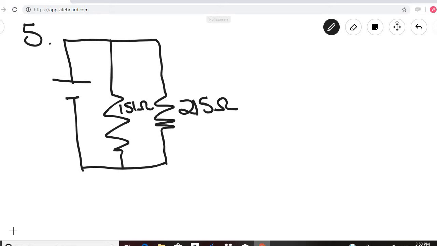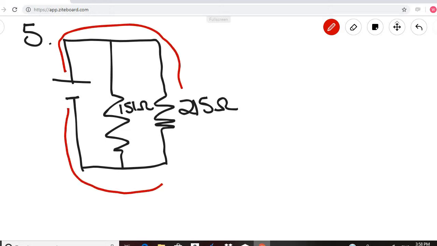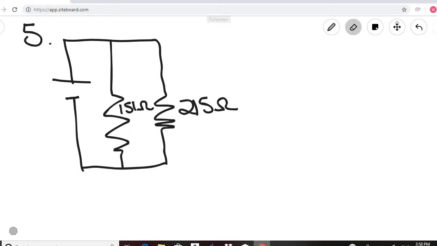So the first thing we do is we look at it, and in order to travel from the positive terminal around to the negative one, it has some choices to make. So it does not go through every resistor, and therefore we know that those resistors are in parallel.